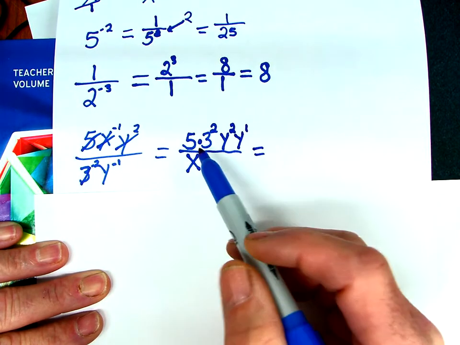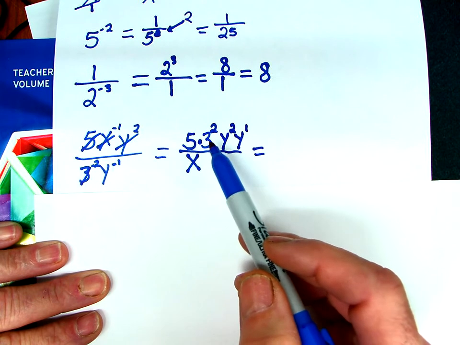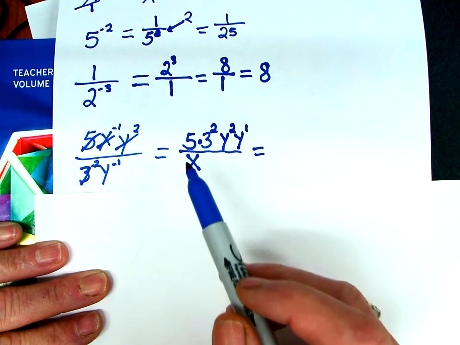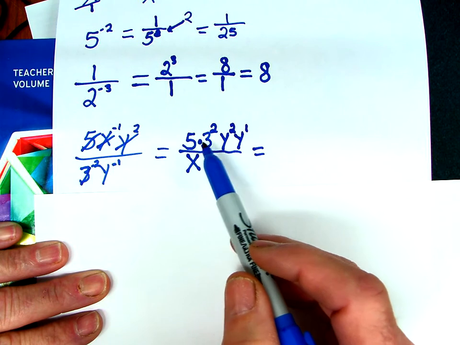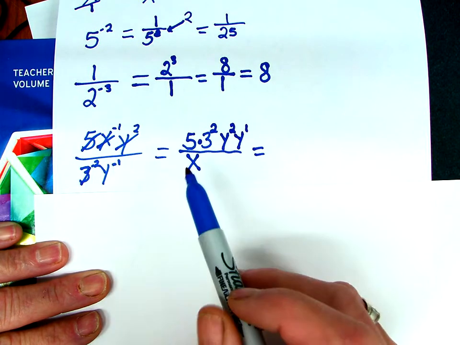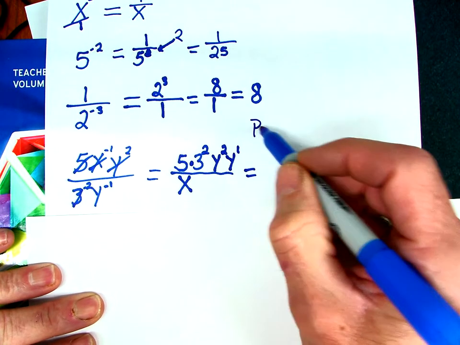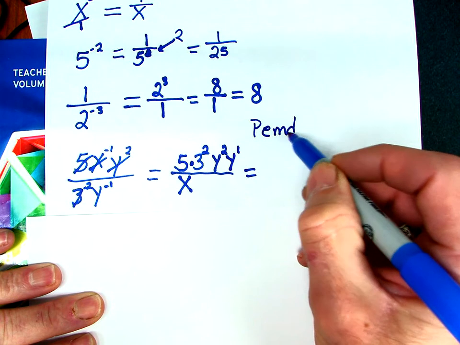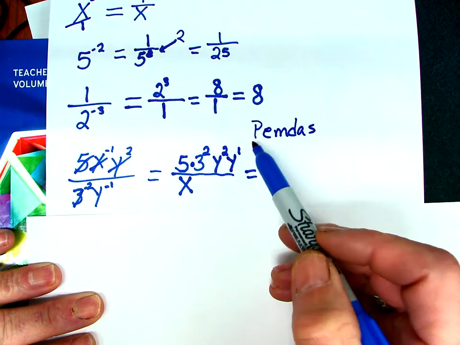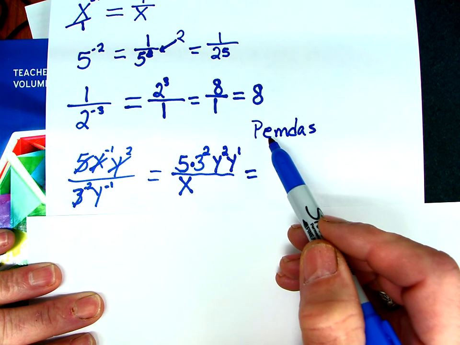So there are some things that we can complete here. We've got 5 times 3 squared. So what do we do first? Do we do 5 times 3 first, or do we do 3 squared first? Well, the order of operations, PEMDAS. Parentheses, there's no parentheses. Aha, exponents.